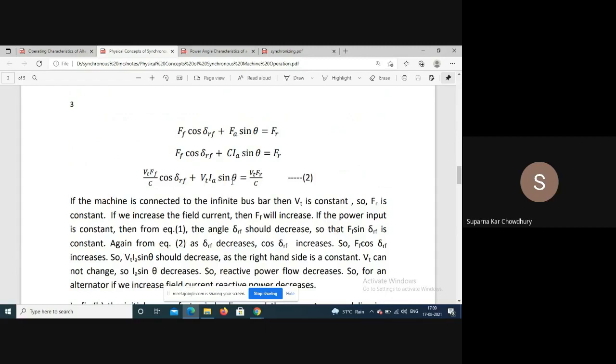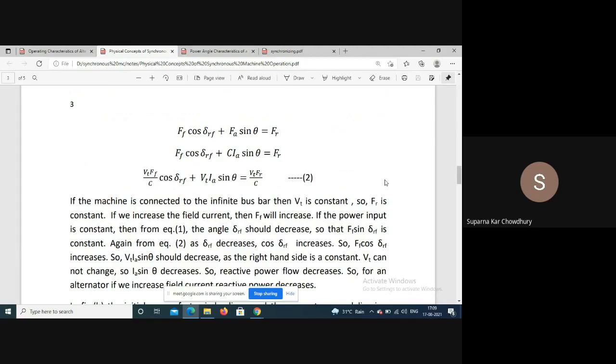This is the reactive power. So for a machine which is connected to the infinite bus, if we change the excitation without any change in the mechanical power input, then what will change is the reactive power flow.